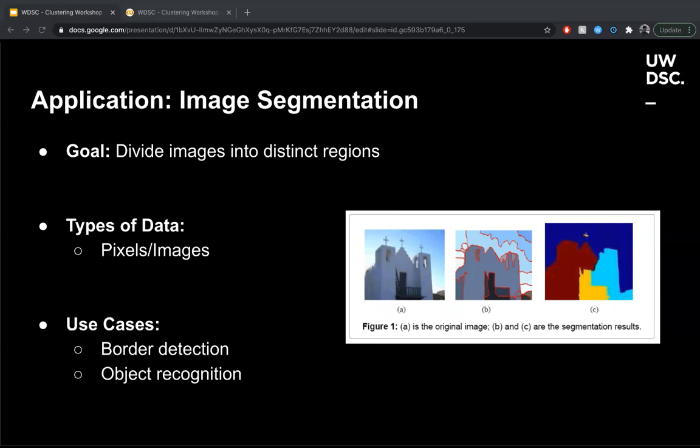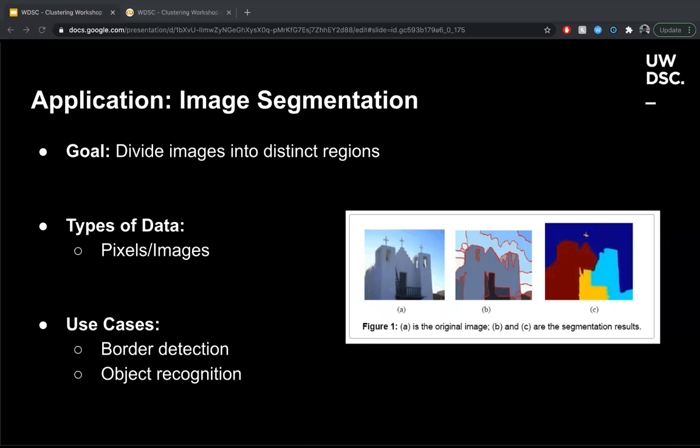Clustering fits into that by grouping together parts of the image with similar pixel intensities.